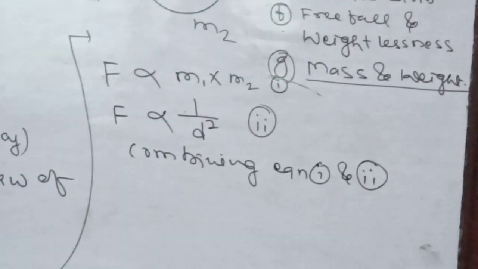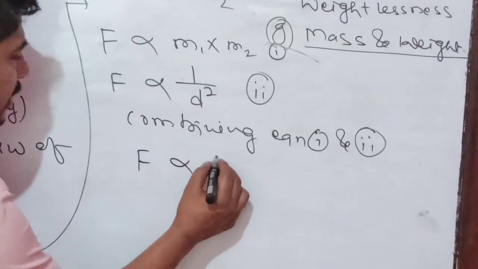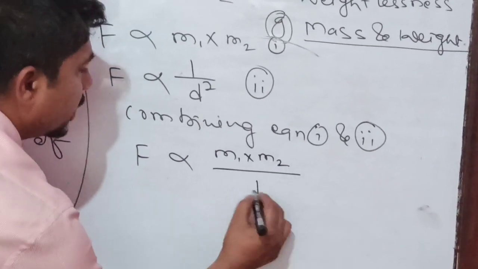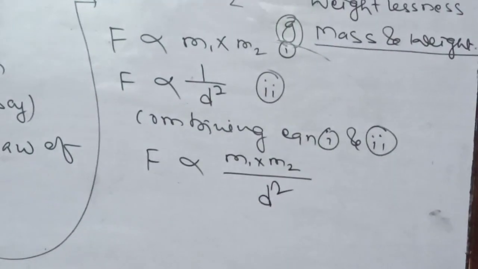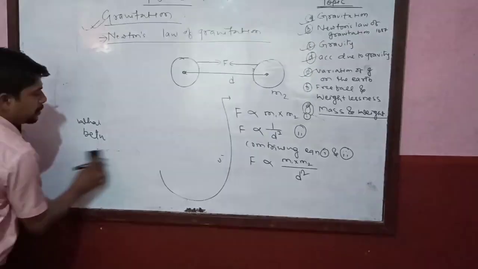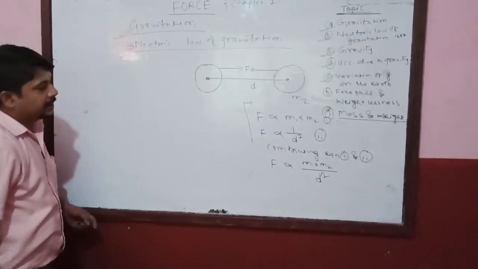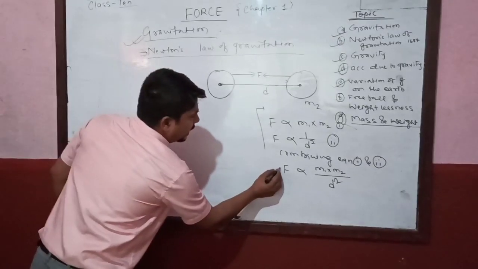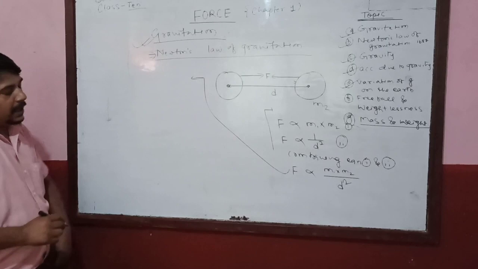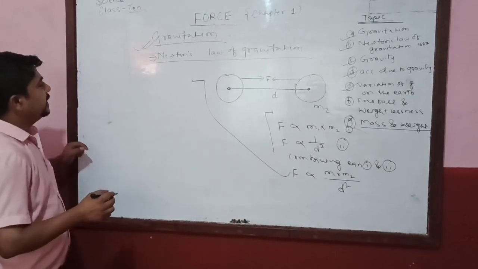हामी इक्वेसन 1 र 2 लाई कम्बाइन गर्यो भने के हुन्छ, F proportional to we can write m1 into m2 upon d square, isn't it? Yes. So from here, F is directly proportional to m1 into m2 by d square.